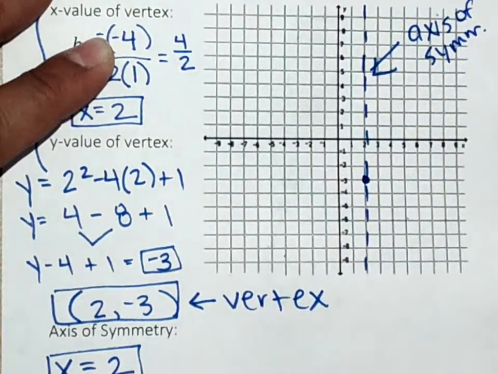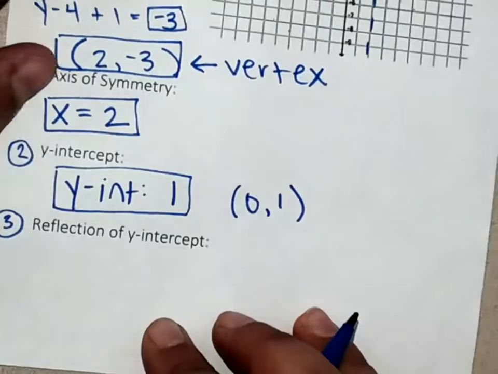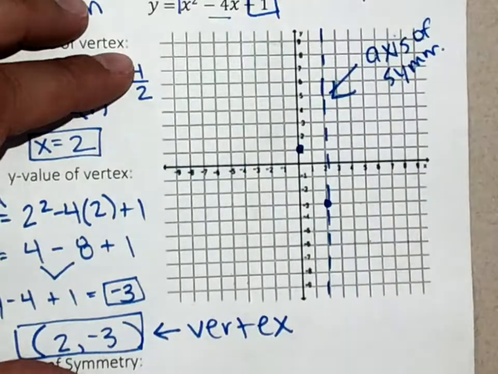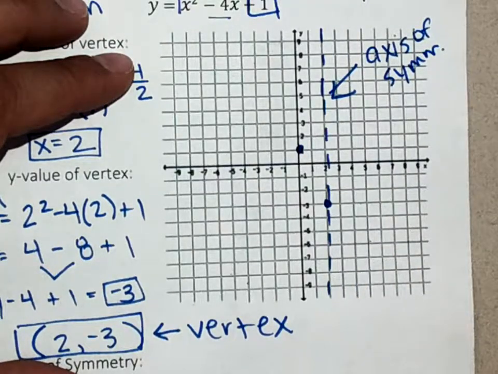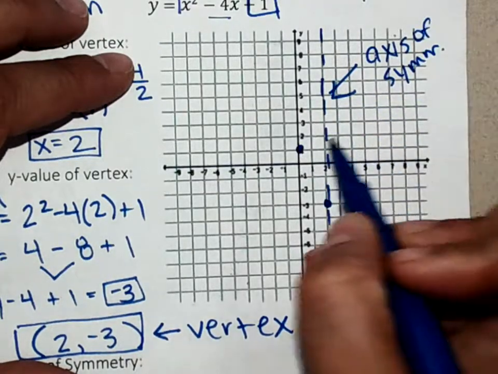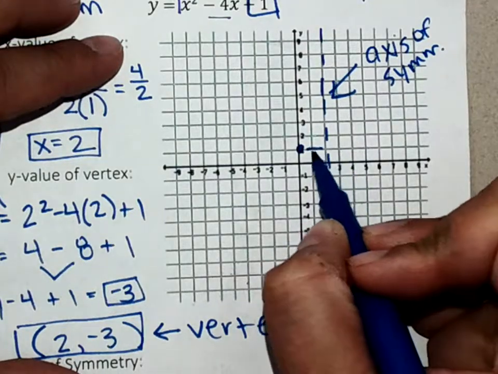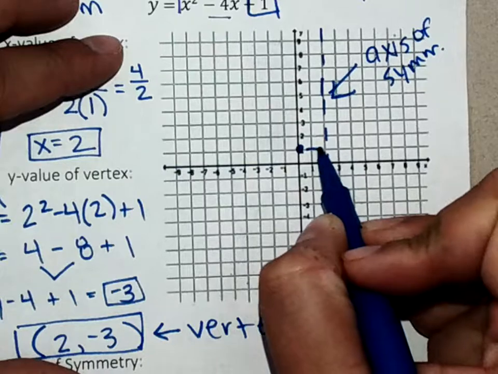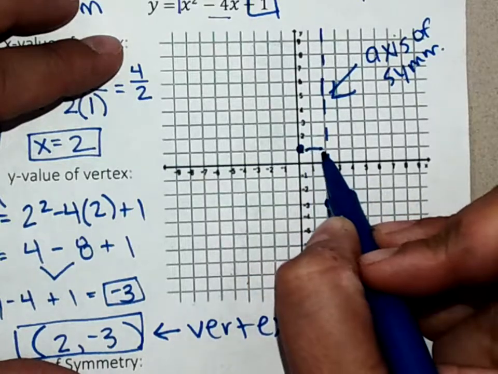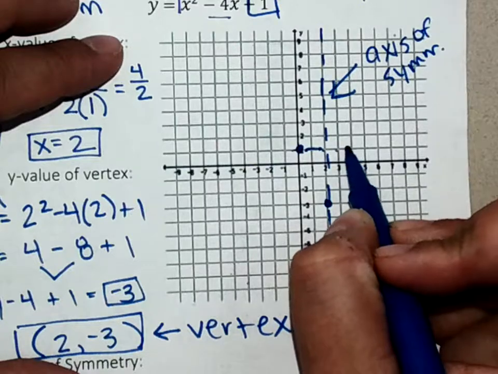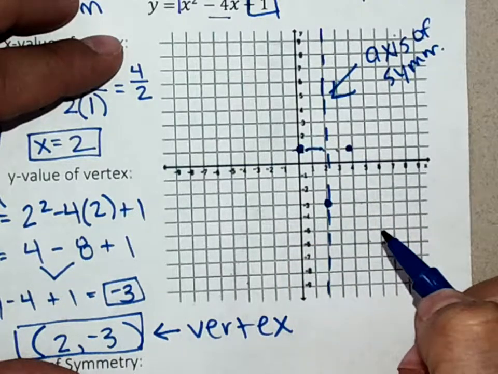I'm now going to graph my y-intercept, which we said was 1. And for the last step, I'm going to reflect my y-intercept across my axis of symmetry. So because it is 2 to the left of my axis of symmetry, I'm going to go 2 to the right in order to reflect my y-intercept.